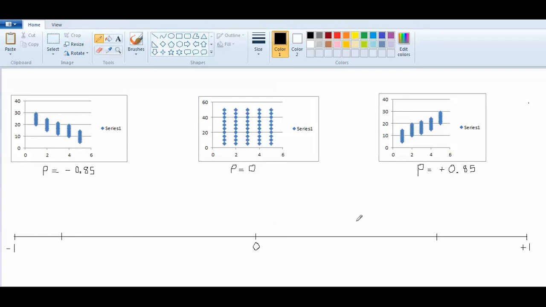And let's imagine that each of these populations is lined up with its correlation down here. So down here we have negative 0.85. This is lined up with 0, and this is lined up with its correlation of positive 0.85.